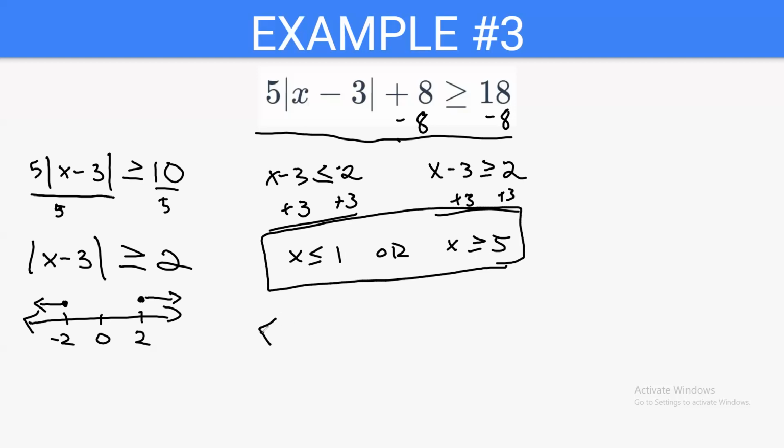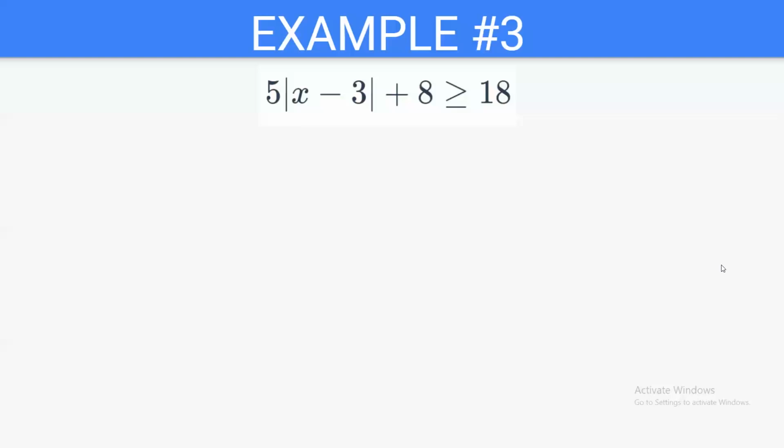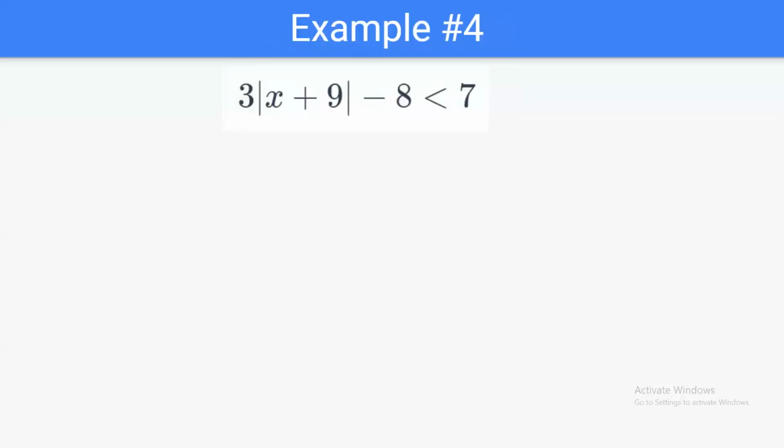And you guys can graph this. 0, 1, 5, less than or equal to, so it goes like that. Greater than or equal to 5, it's just going like that. Okay? So it's imperative that you guys think of the definition for absolute value. Okay?